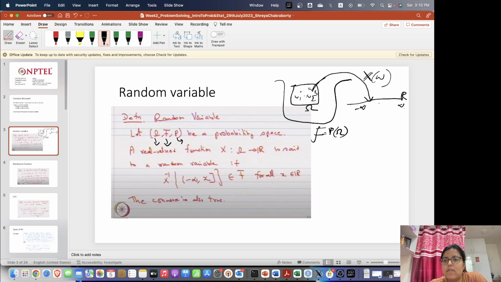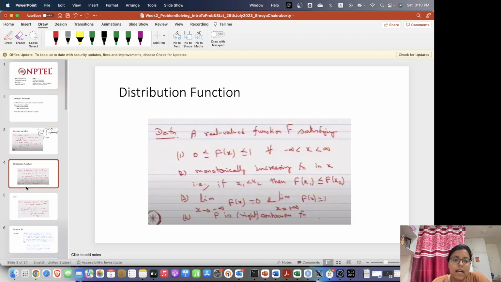Any such variable which maps outcomes into the real line such that X inverse of this set belongs to script F. So for any point on the real line, if we can get its pre-image, it should belong to script F. Then we call that a random variable. So this was discussed.